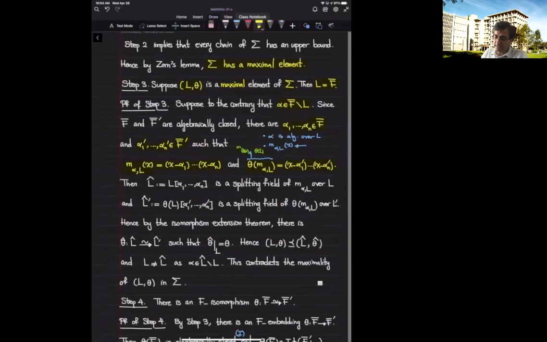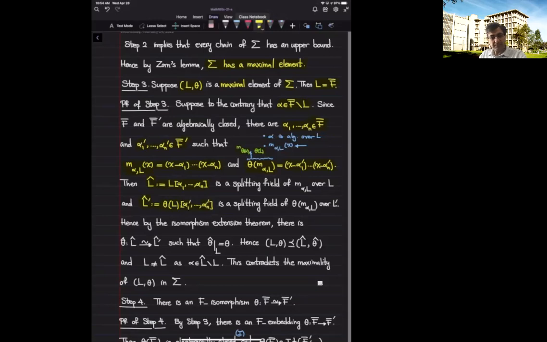Now let's consider L hat to be the subfield of F bar that is generated by L and the alpha i's. And let L hat prime be the subfield of F bar prime that is generated by theta of L and alpha 1 prime through alpha n prime.